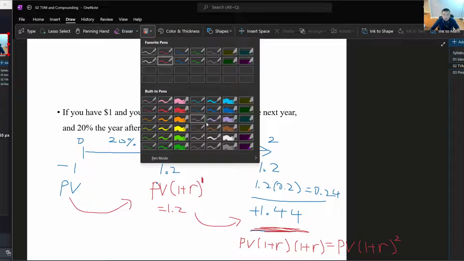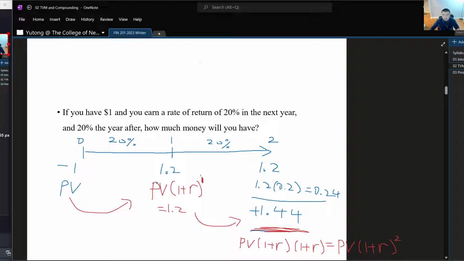So do you see any patterns? If you look for what's here, you should be able to connect these two, right? And these two. So you're going to use PV times 1 plus R and raise the 1 plus R to a certain power.